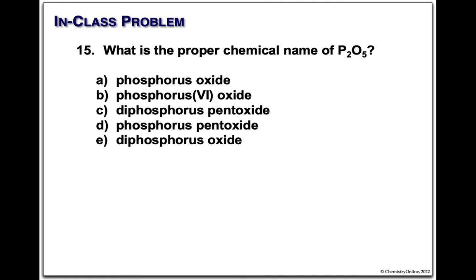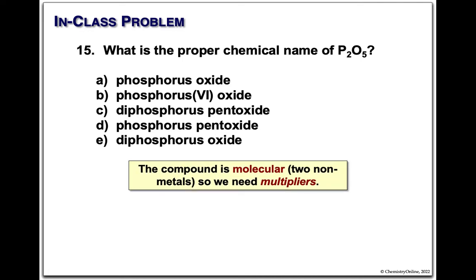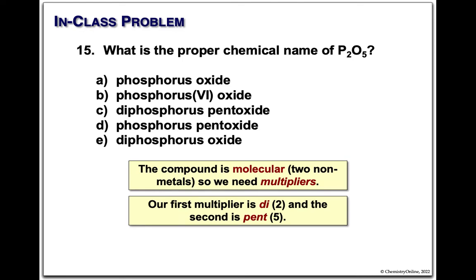Remember, the two really differ in terms of nomenclature because with a molecular compound, you're going to use multipliers. Now in this compound, we have two phosphorus, that's a di. And we have 5 oxygens, that's a pent. So we simply look for diphosphorus pentoxide.